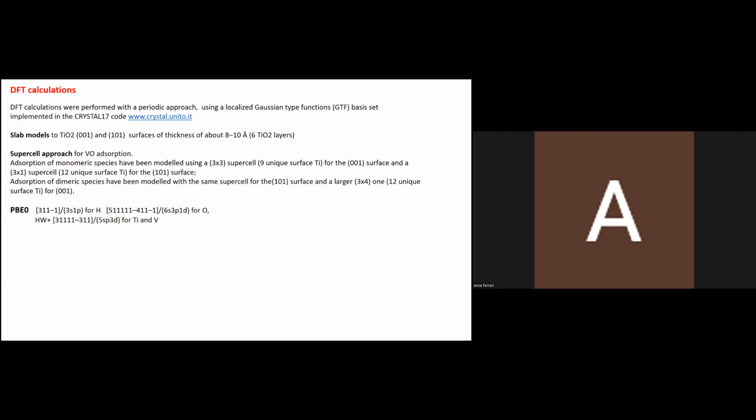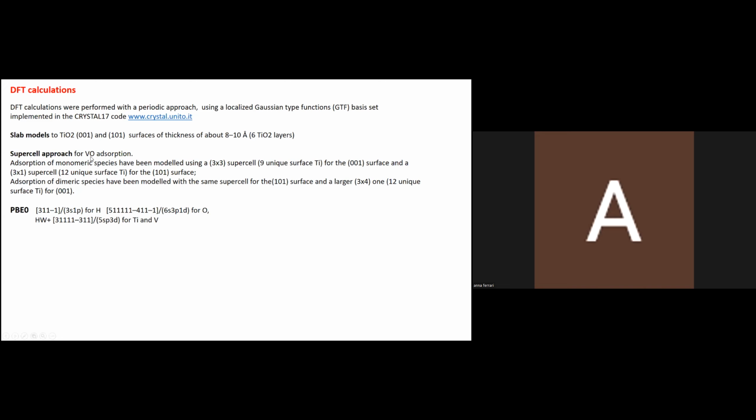The computational approach: the calculations we performed use a periodic approach based on Gaussian type function basis sets, with the CRYSTAL code developed at the University of Torino. I use slab models to reproduce the 100 and 101 surfaces, thick enough to reproduce the properties of the surface in a proper way.